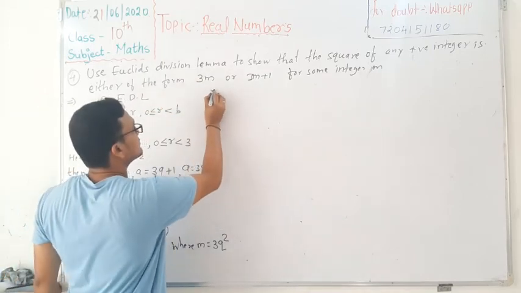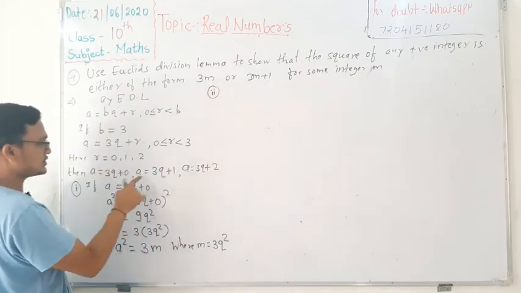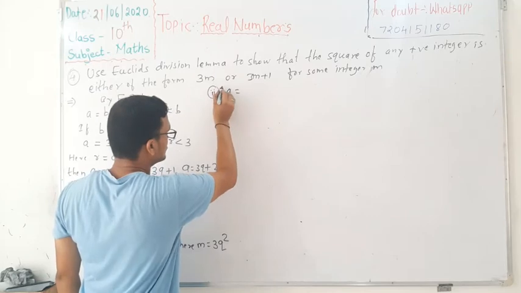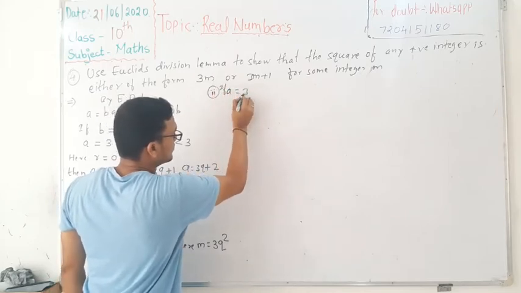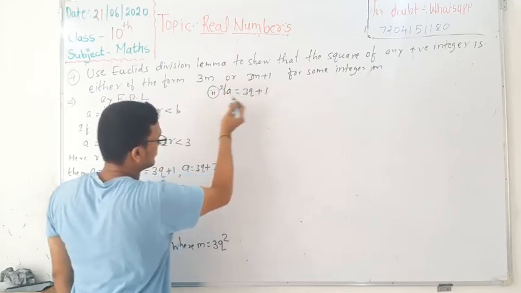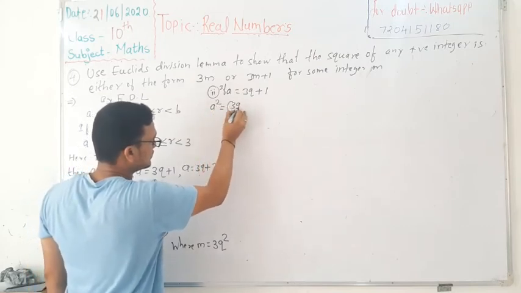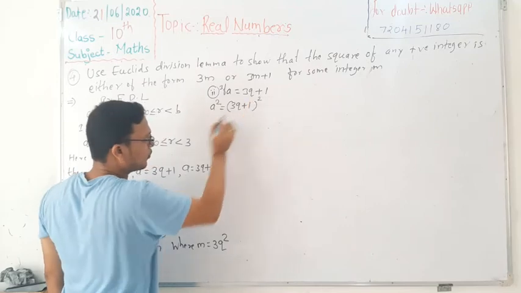Now I will take the second condition. What is the second condition? If a equals 3q plus 1, again squaring on both sides, a square equals 3q plus 1 whole square.